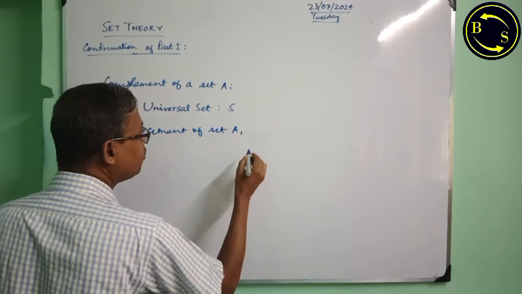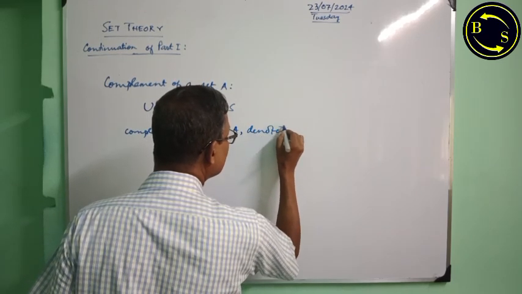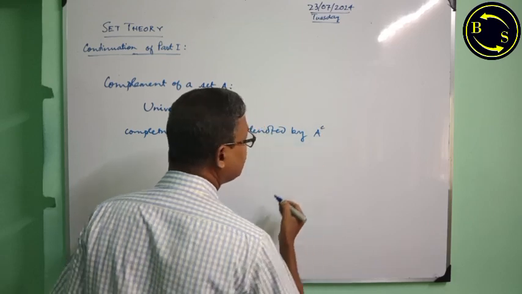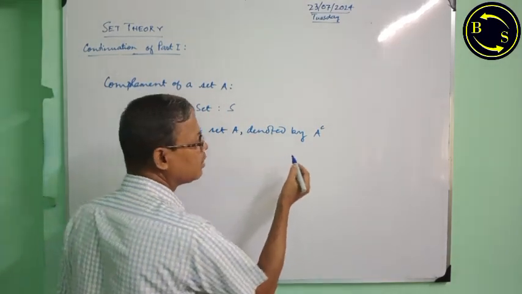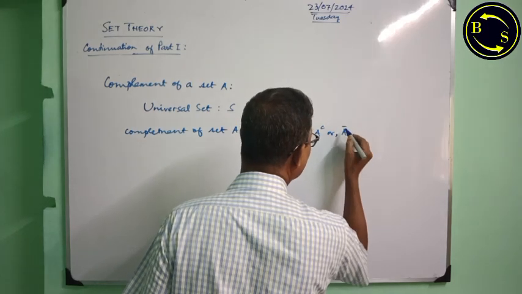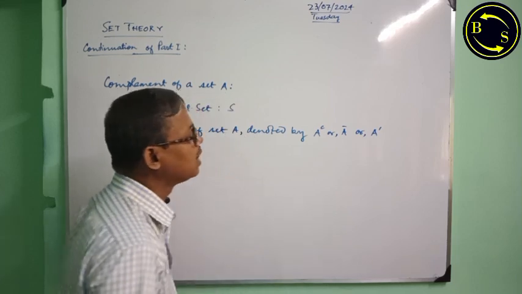denoted by the symbol A, we write C at the top, or A bar, or A dash.